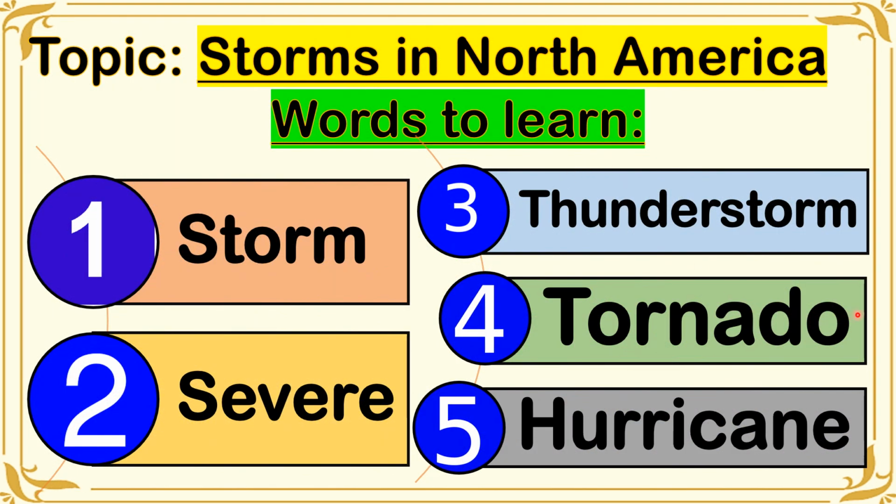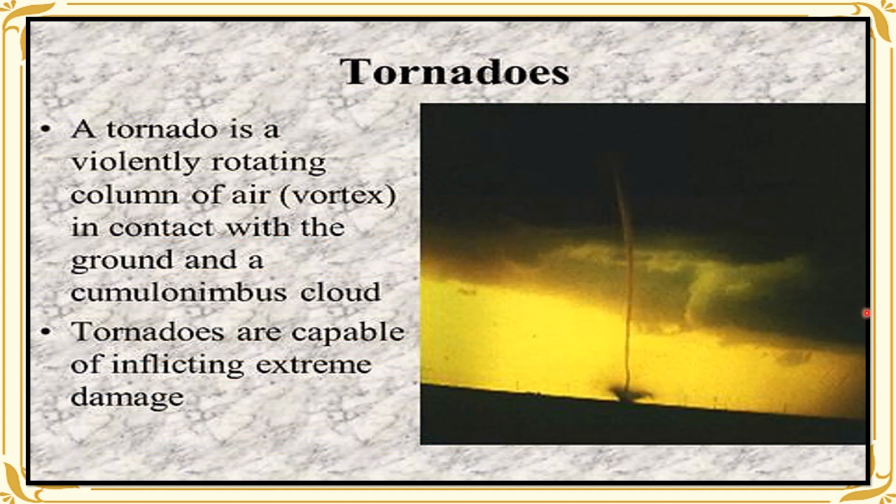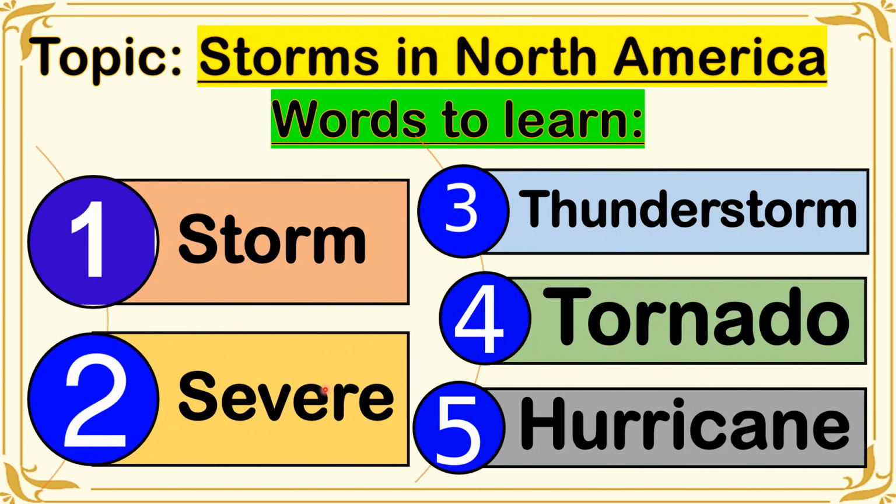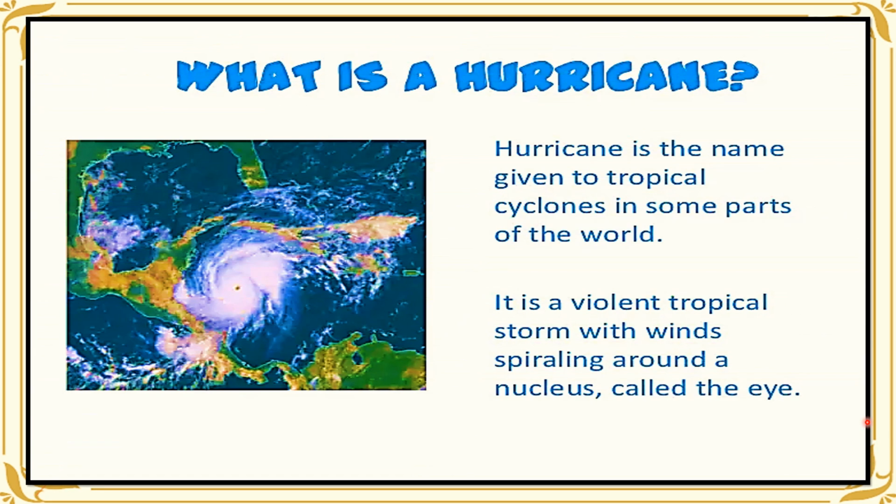Next word is tornado. When we say tornado, it means a violently rotating column of air or vortex in contact with the ground and a cumulonimbus cloud. Tornadoes are capable of inflicting extreme damage. The last word is hurricane. What is a hurricane?